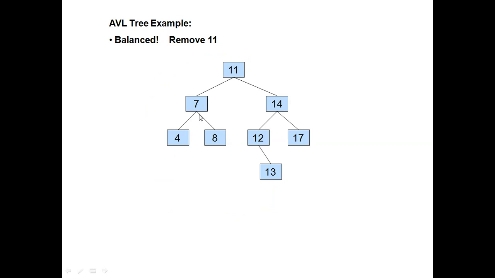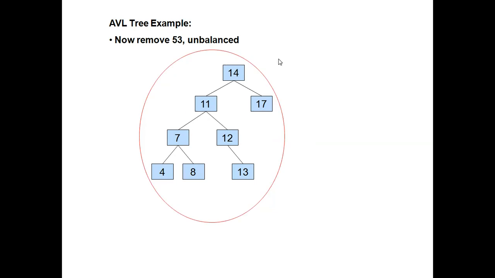Now see what will happen if I do LL rotation. This 11 comes here, 14 will go down. Now 11 is having 2 trees. More than 2 is also possible, and here only 2 trees. What will happen to these 2 trees? So 12 will go there. Try to understand, if 11 comes here, 14 will be the right hand side tree, so the right hand side will not be this one.